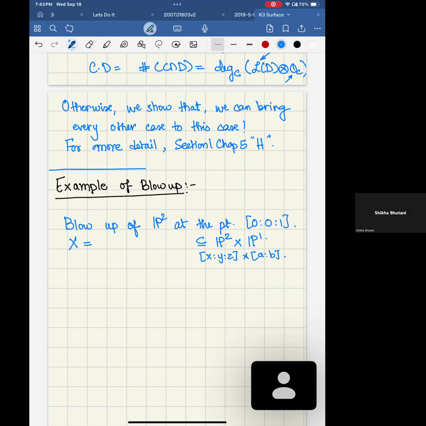Then the blow up of P2 is defined by the equation xa minus yb. Give me a second, I need to check if it is a minus of yb or plus of yb.